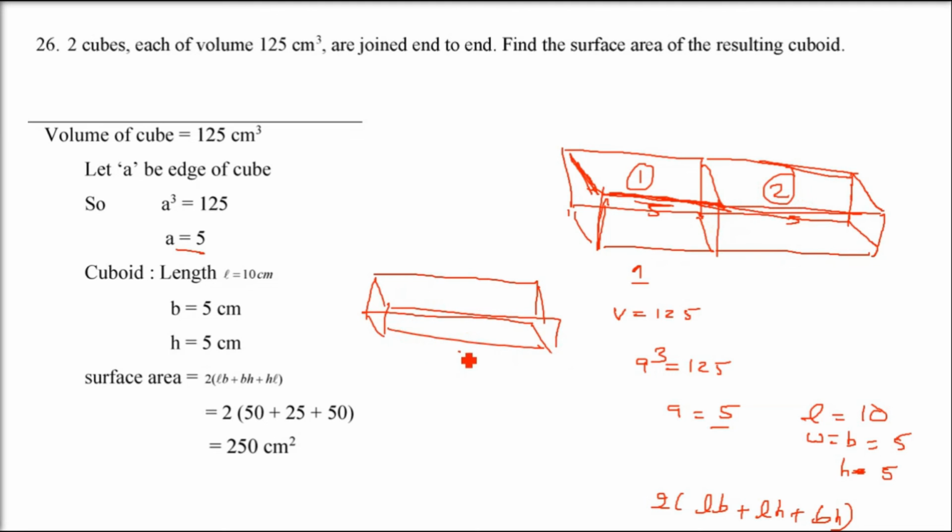Just forget about the two being combined. This length is 10, this width is 5, and the height is again 5. So LB, BH, HL, multiplied by 2, comes to 250 centimeter square. Area will always come in centimeter square, and volume in centimeter cube.